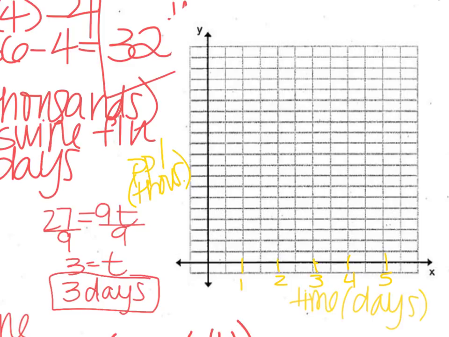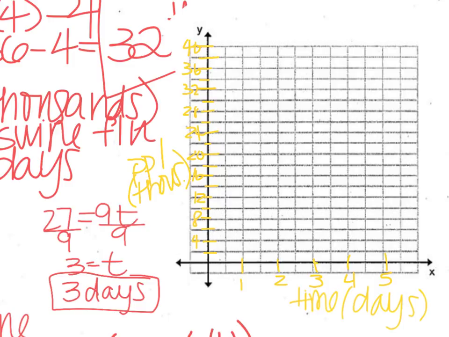So let's go by, how about by 2s? So 2, 4, 6, 8, 10, 12, 14, 16, 18, 20, 22, 24, 26, 28, 30, 32, 34, 36, 38, 40. We always have to label our axes, especially if we're not going in intervals of 1.